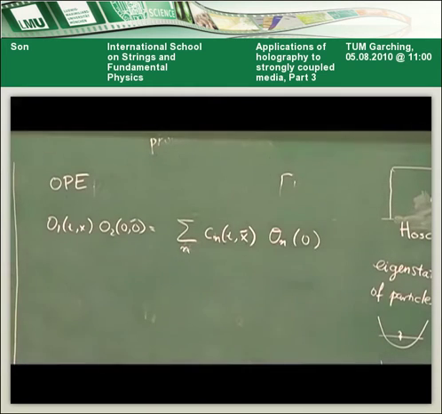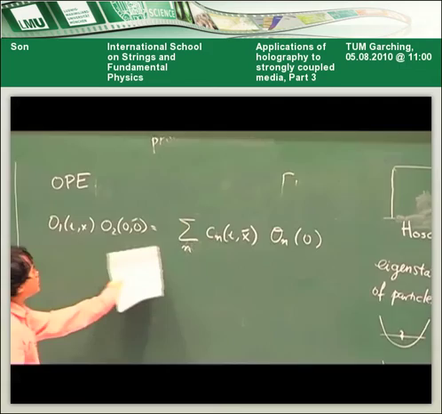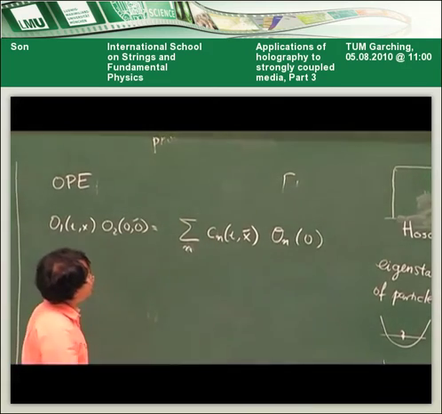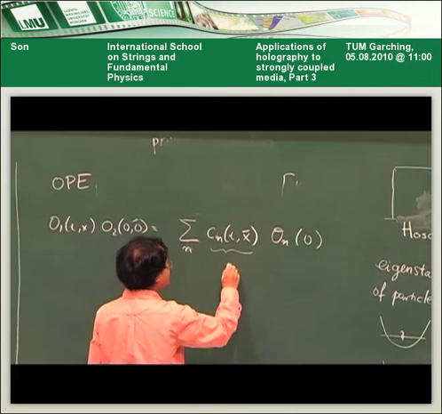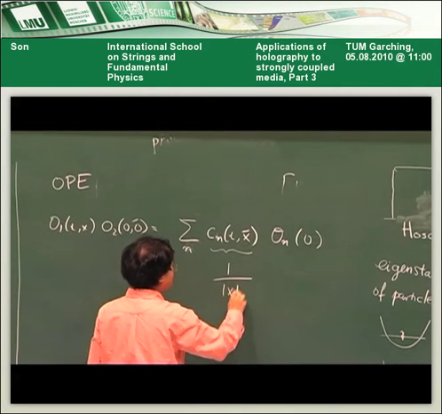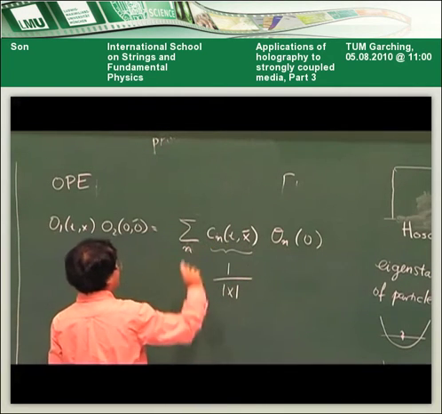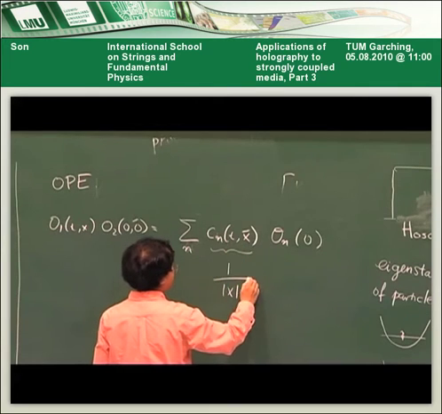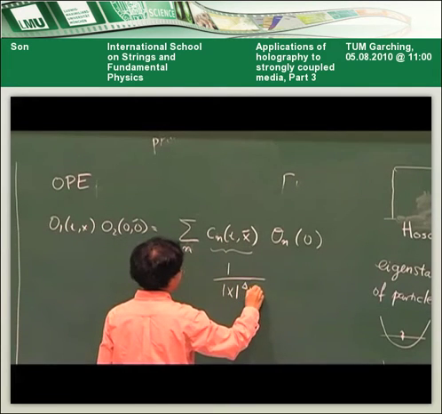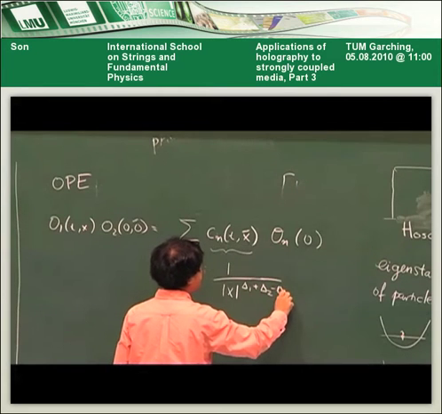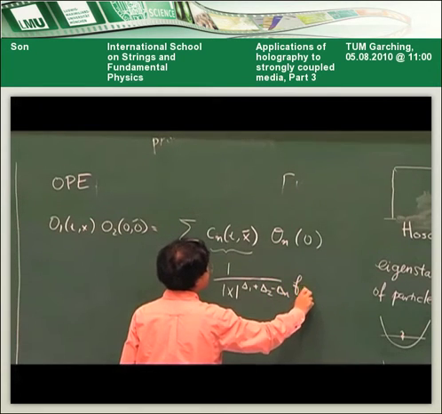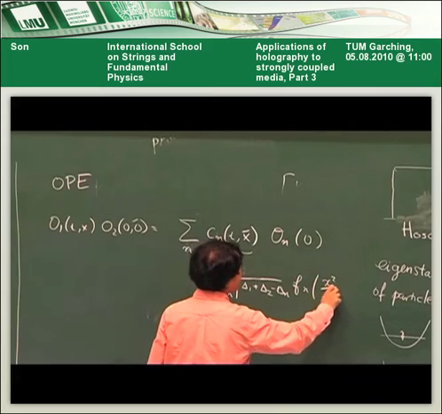But in the non-relativistic case, the coefficient depends on t and x, and scale invariance only tells us that the coefficient should be delta 1 plus delta 2 minus delta n times some function of x squared over t.